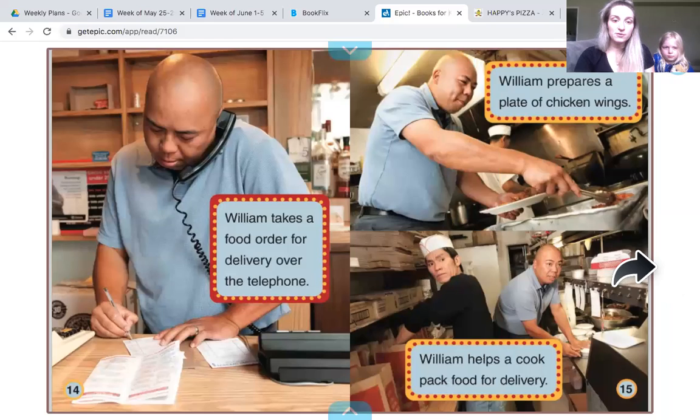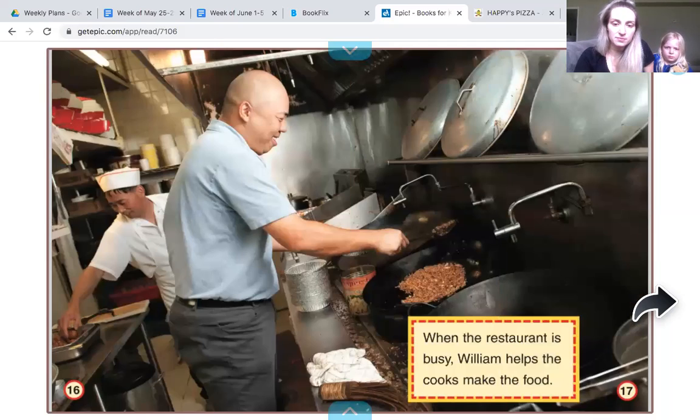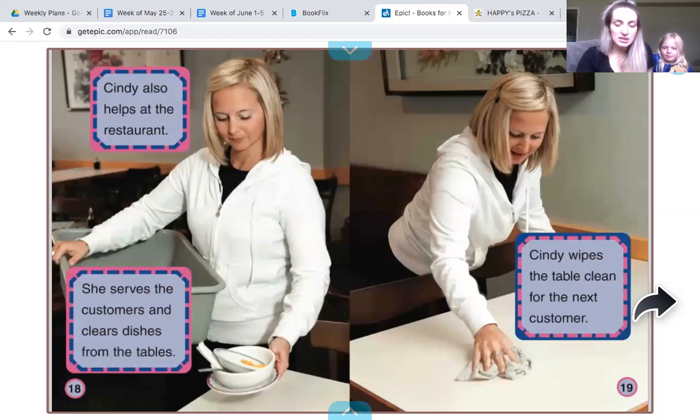William takes a food order for delivery over the telephone. William prepares a plate of chicken wings. William helps a cook pack food for delivery. When the restaurant is busy, William helps the cooks make the food. Cindy also helps at the restaurant. She serves the customers and clears the dishes from tables.